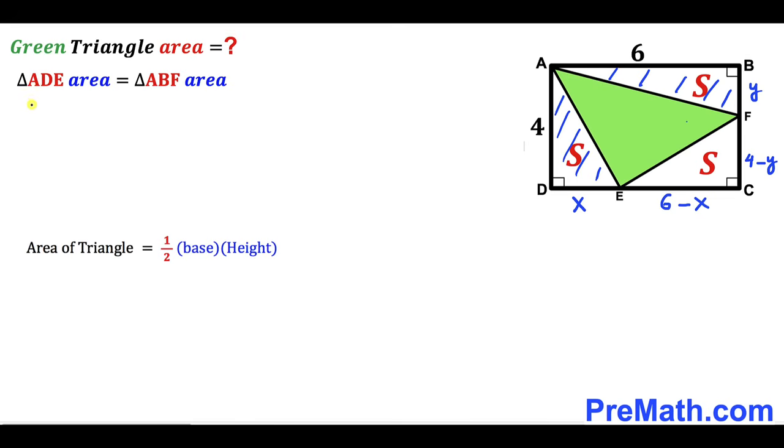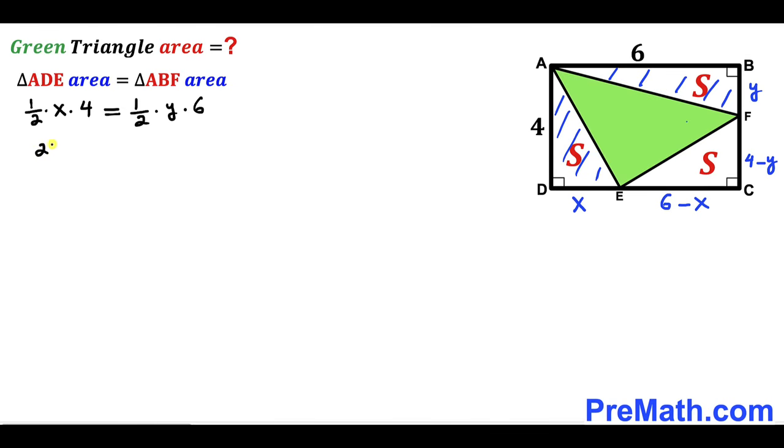So therefore triangle ADE area is going to be a half times x times 4 equals to the area of this other triangle ABF, and the dimensions over here are 6 and y. So therefore we can write a half times y times 6. So therefore the left hand side is going to become 2x equals to 3 times y.